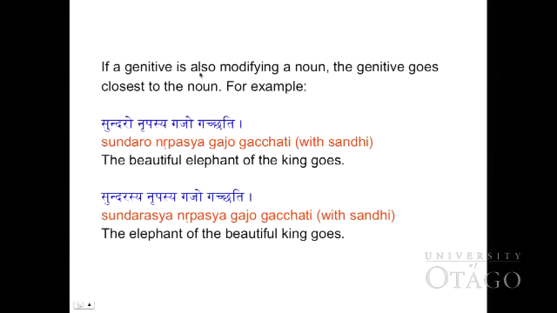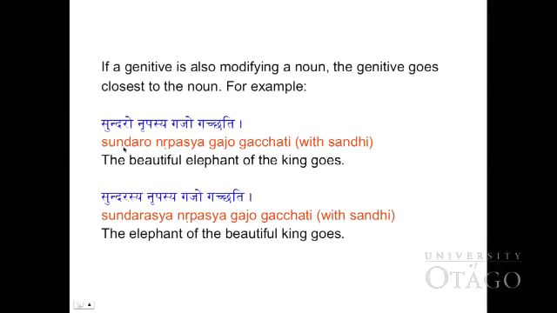If a genitive also modifies a noun, the genitive goes closest to the noun. Such as when you translate this one: sundaro nrpasya gajo gacchati. Gaja means elephant. Nrpasya, of the king. Sundara, beautiful.